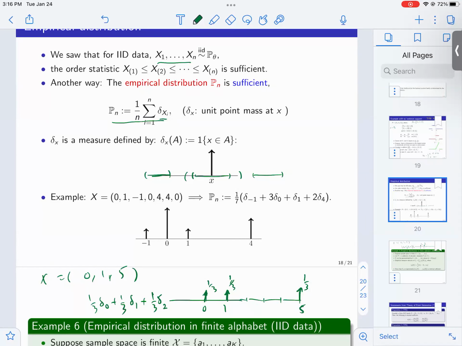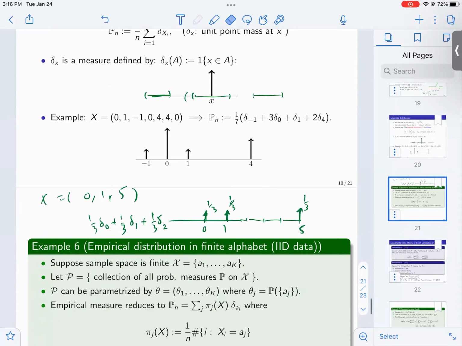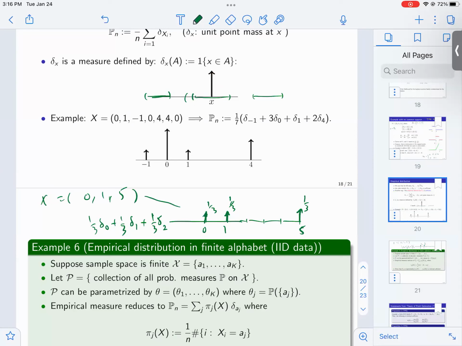But there is a bit of loss of information. The first thing you notice is that going from the data to this measure, I lose the order. I can't tell whether the data was 5, 1, 0 or another ordering; they have the same empirical distribution.